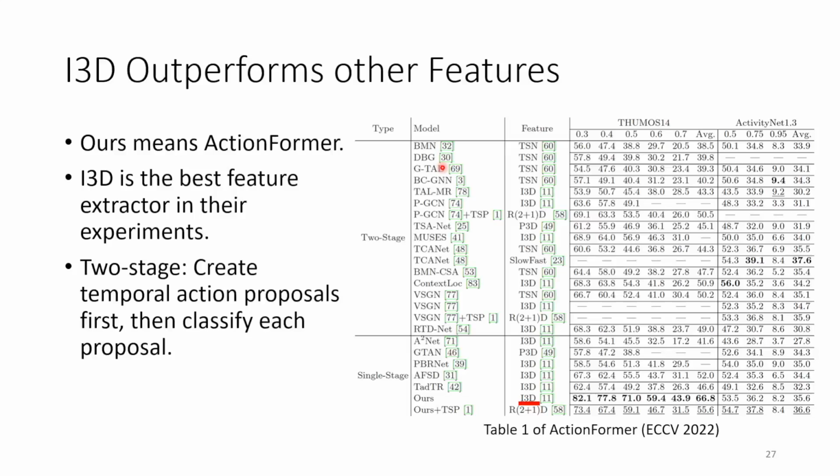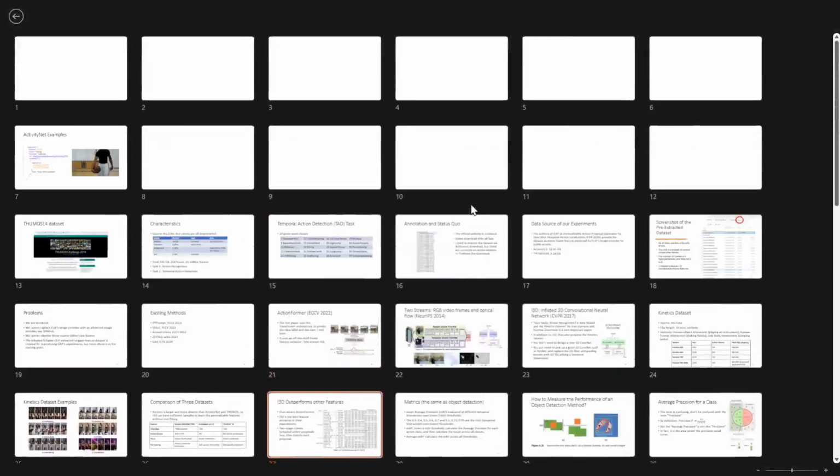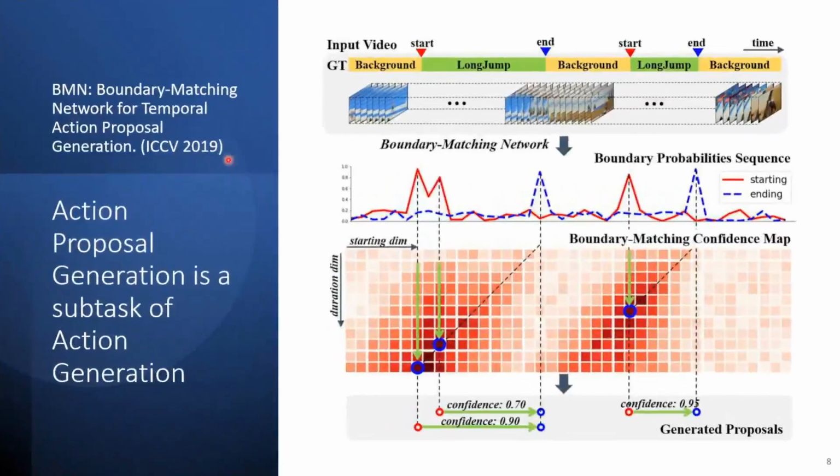All right. Okay, based on this question, here you can see this BMN, right? Pay attention to BMN and let's go back to a slide. Okay, here. This is BMN. Where was it published? In ICCV 2019, right?